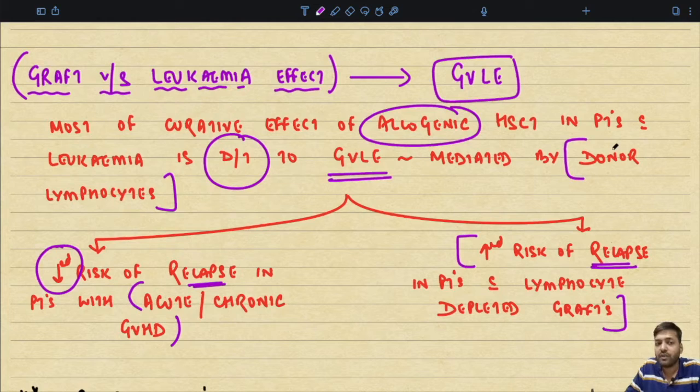As a result, the donor immune cells will not be available, and in that situation the risk of relapse of malignancy becomes very high. So remember, the graft versus leukemia effect is very important to decrease the risk of relapse in patients with acute or chronic GVHD. It prevents relapse of the malignancy for which the transplant is taking place.